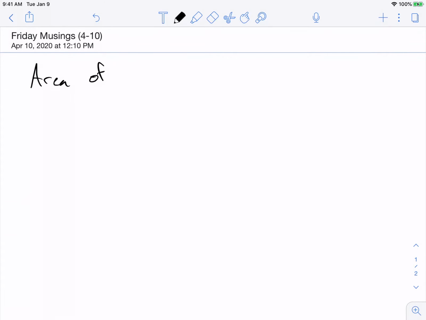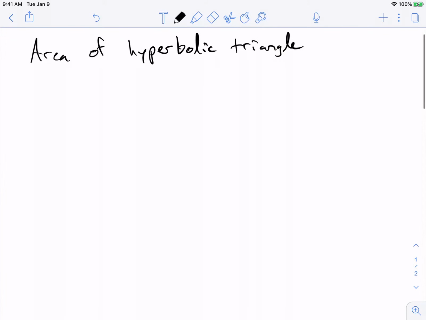So I wanted to finish up this calculation of the area of a hyperbolic triangle. By now, many of you have solved this already on your own, but I'll present two different proofs.